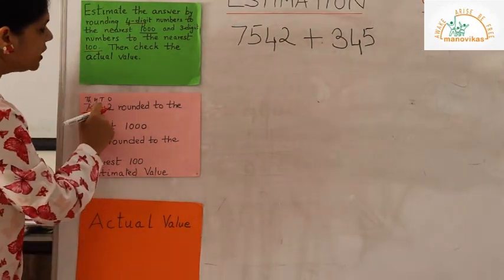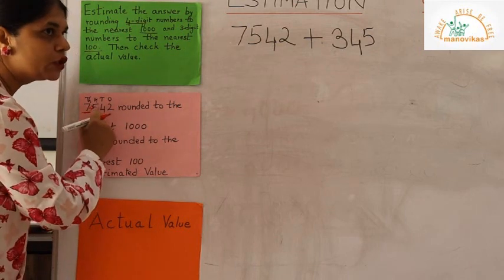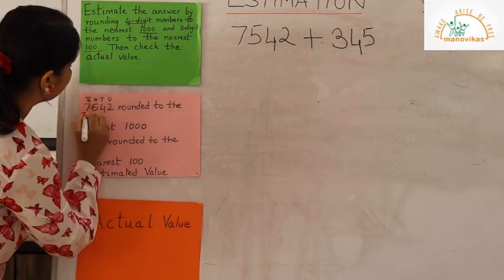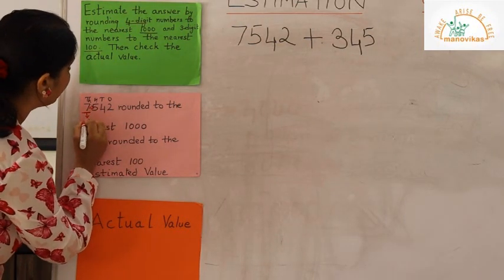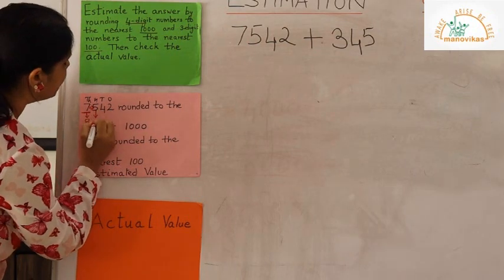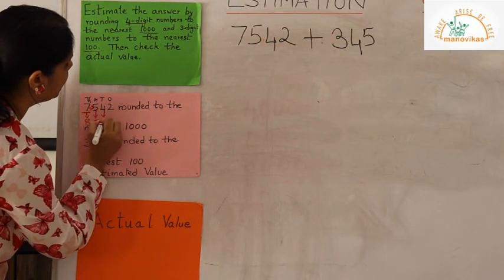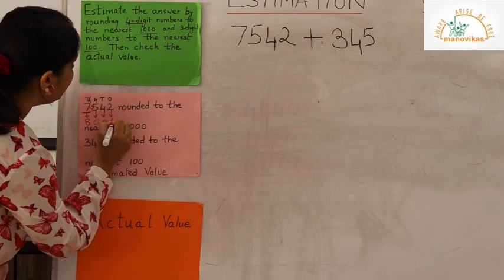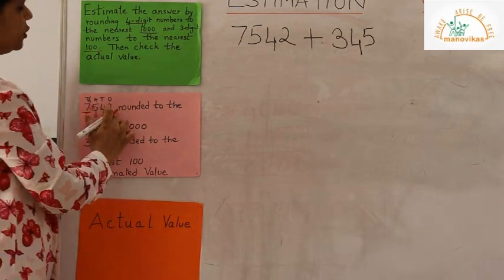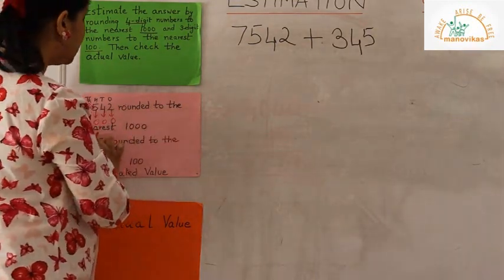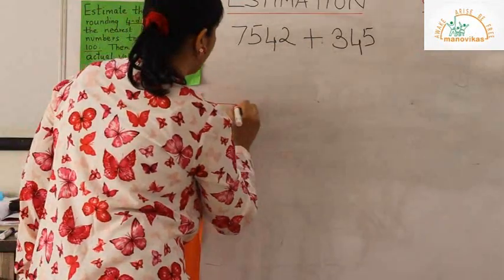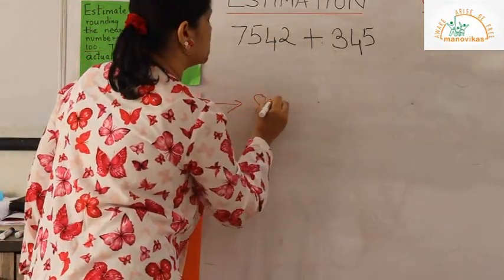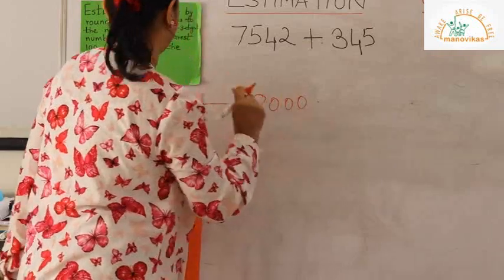Now the digit here is 5 again. So what will happen? The digit in the thousands place will become 8 and the other digits will become 0. So 7542 rounded to the nearest thousand will give me how much, children? 8000. Is it correct? Yes.